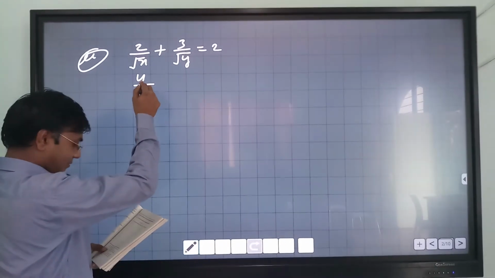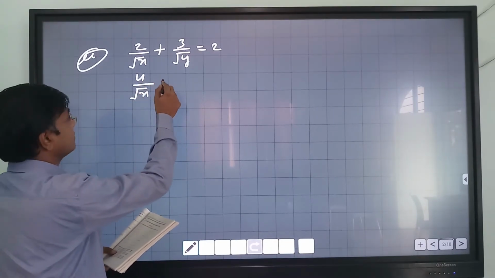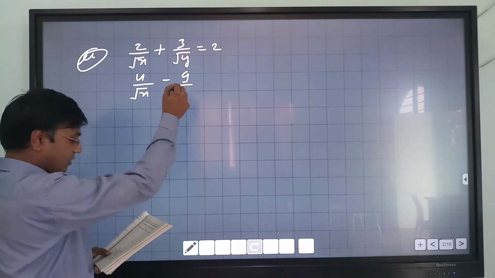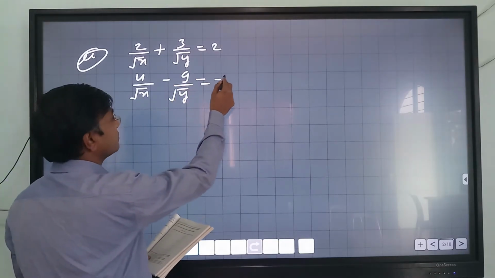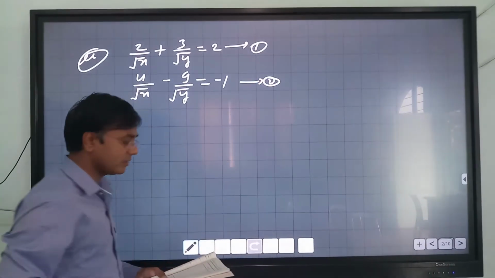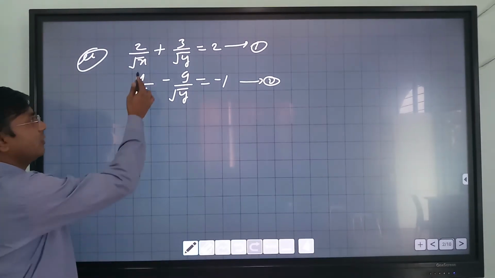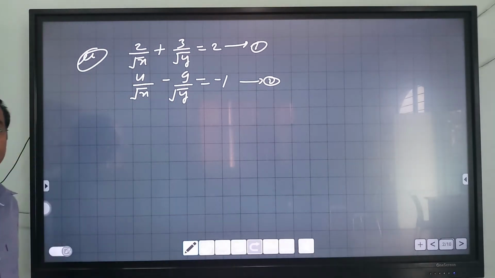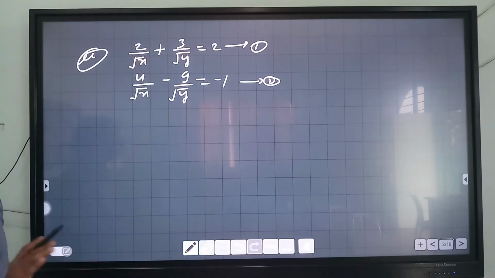Under root means we will solve it as we solved the previous part. Only one change is to be made. See what change? If you compare this part with the first part, you find only under root x and under root y are coming. The constant may be a fraction, 2 or 3 or whatever it is, it doesn't matter.